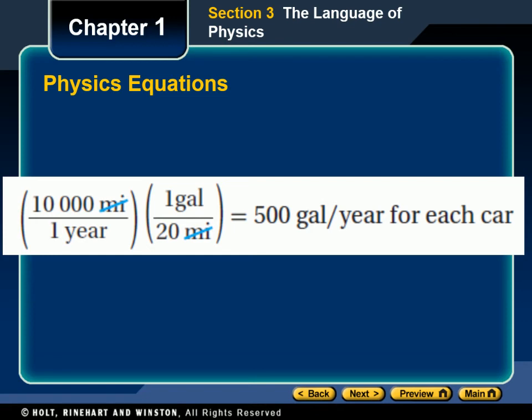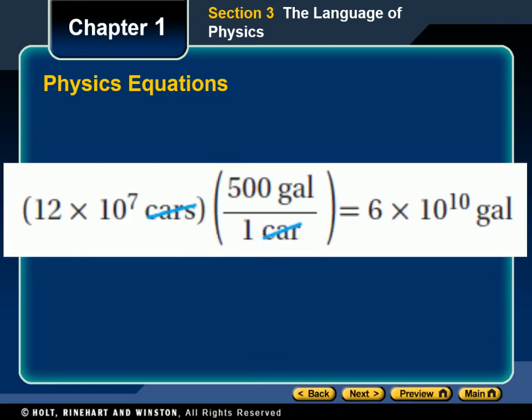If we assume that cars average 20 miles for every gallon of gas, each car needs about 500 gallons per year. Multiplying this by the estimate of the total number of cars in the United States gives an annual consumption of 6 times 10 to the 10th gallons.